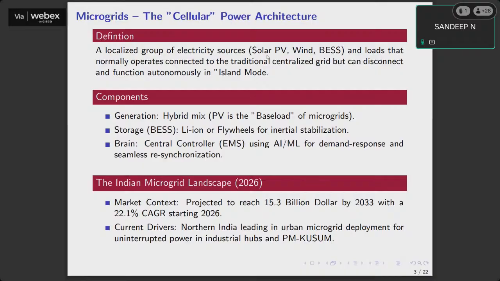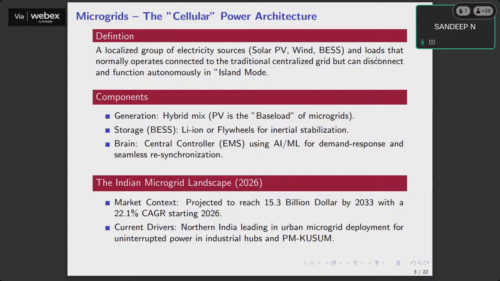That is what differentiates it from a regular power grid, because in a regular power grid the generation happens somewhere very far away from the consumer end. From the consumption point, the generation is very far. Whereas a microgrid generally refers to localized generation of electrical energy.